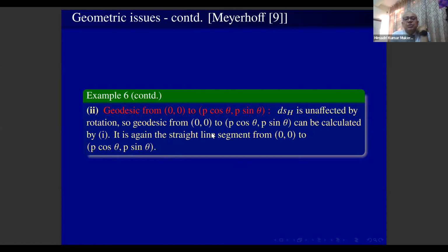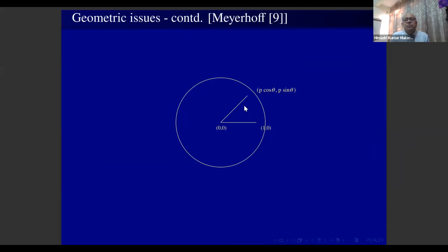So the geodesic from 0 to (p cos θ, p sin θ) can be calculated by the first one, because you just rotate it to a point on the y-axis. It will look like (0, p) again, and you can use the first formula to calculate the length. It is again the straight line segment from 0 to this point. So to calculate the length, you rotate it to this point and then use the log formula, 1/2 log((1+p)/(1−p)).